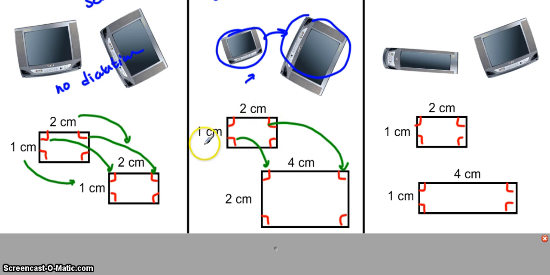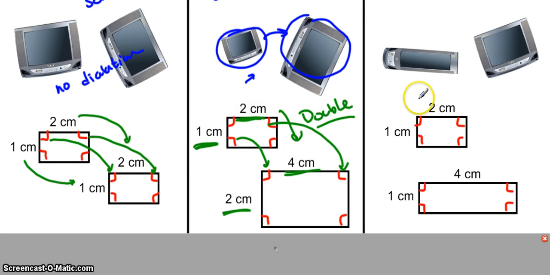Here's what I mean. This side right here, to get from 1 centimeter to this side over here, you have to double it, right? Times 2. Same thing here. To get from this top length to this new top, you're doubling. 2 times 2 is 4. We're doubling, which means we have the same ratio from this shape to this shape.